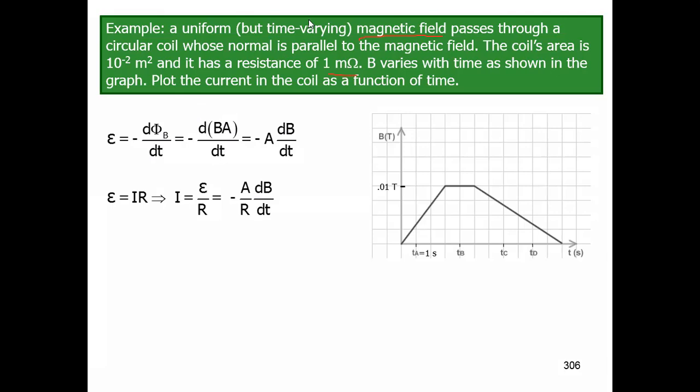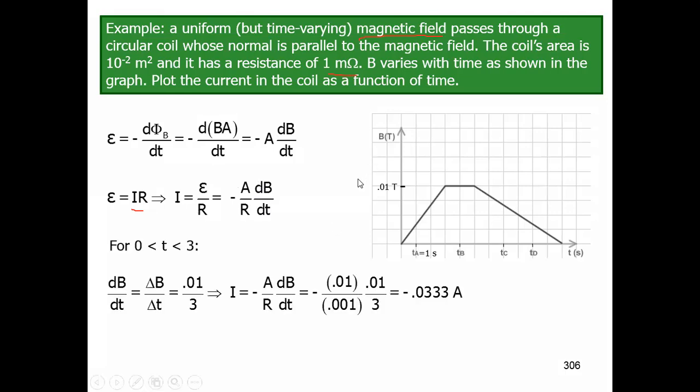Then by Ohm's law, voltage is equal to current into resistance, so I is equal to E upon R. Putting E from the expression, we get I as minus A upon R, which is a constant quantity, times dB upon dt. Now how to plot this?